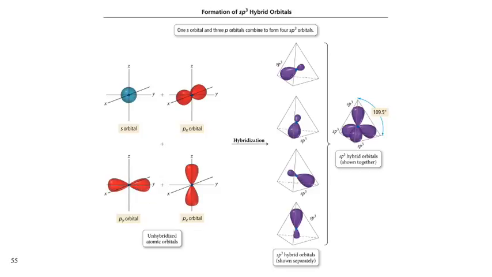So what we're going to do is take these wave functions, the equations that describe those shapes, and put them together. And when we do that, we end up with four shapes. They are the same shape, but they're oriented differently in space. They're going to be oriented symmetrically, and they're going to form a tetrahedron.